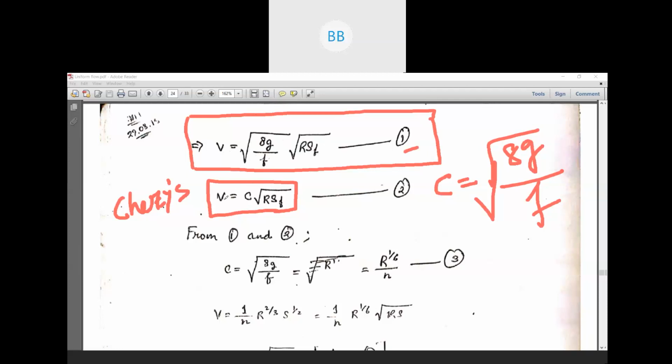In the second equation, V is equal to C root over R into SF. So from these two equations, we can say C is equal to root over 8g by f. So you write down this. This is important. This is the relationship between C and your friction factor.